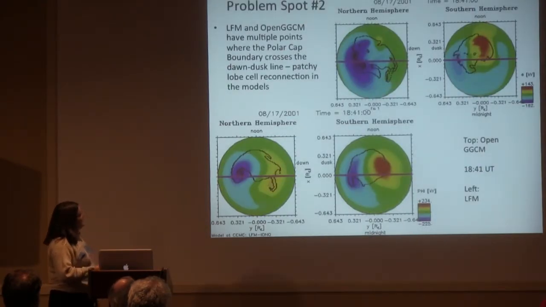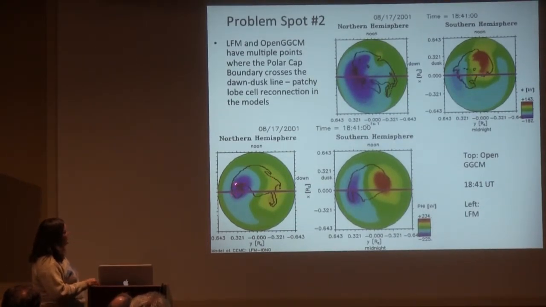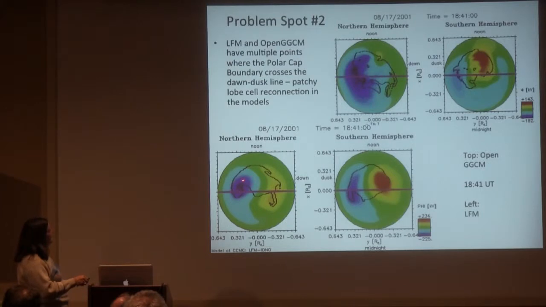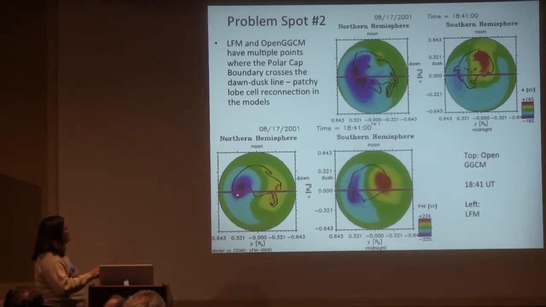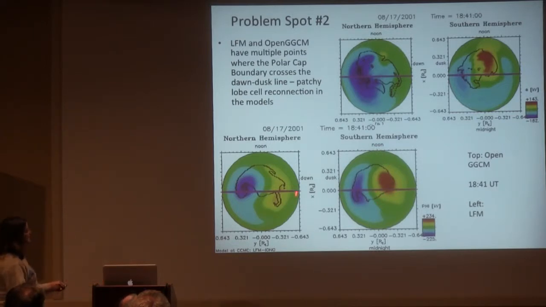The problem with finding the open-closed boundary in some of these models is that they had more than one. So here, for example, at 1800, there's 1, 2, 3 open-closed boundaries, and it's not too surprising because here is a very large lobe cell, clearly inside the first open-closed boundary, and a rotating convection cell on this side in the north, and on that side, again, completely inside the open field line region.